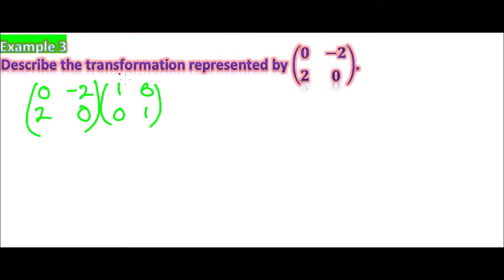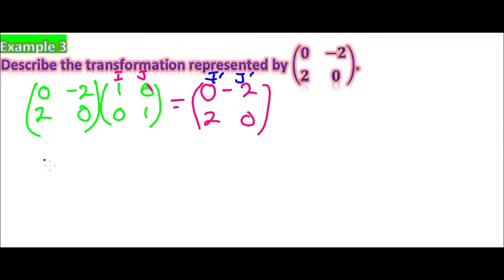Remember, this is our I and this is our j. When you multiply that, you get the same matrix as this one, because this is an identity matrix. So you have 0, minus 2, and 2, 0. So that is our image.